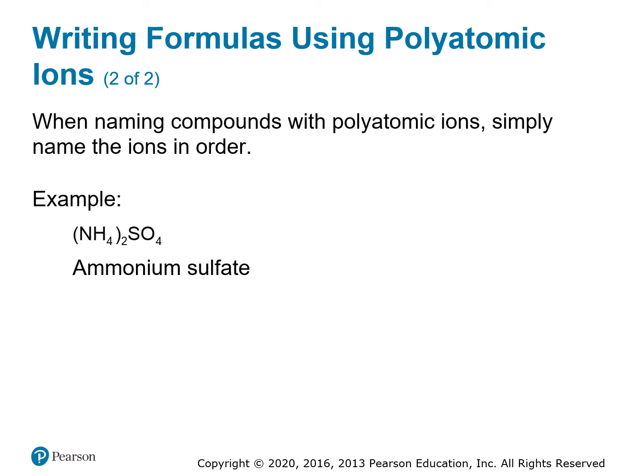Okay, when you're naming a compound where ammonium ion as well as sulfate are both polyatomic, you simply name the ions in order. NH4 comes first and it's a cation, so you say ammonium, and SO4 is sulfate, so you say ammonium sulfate.